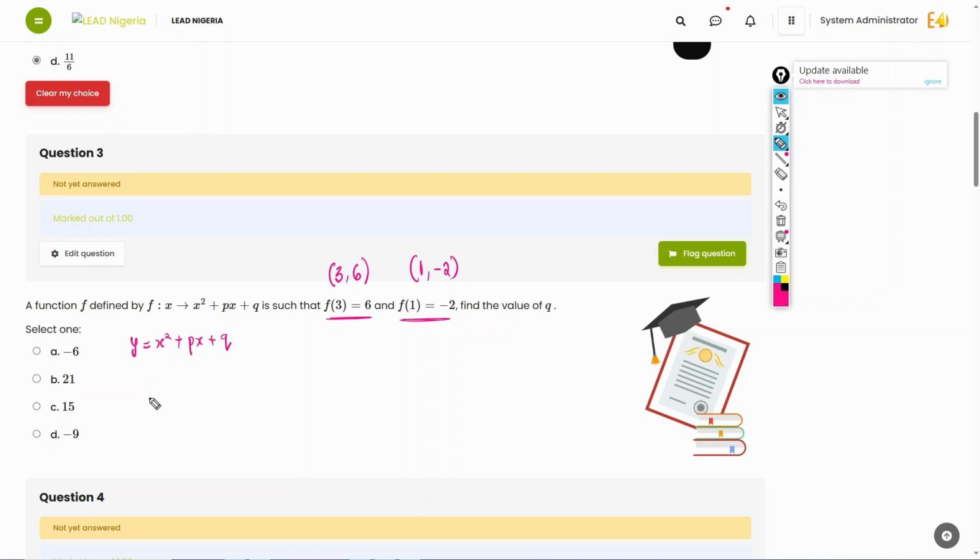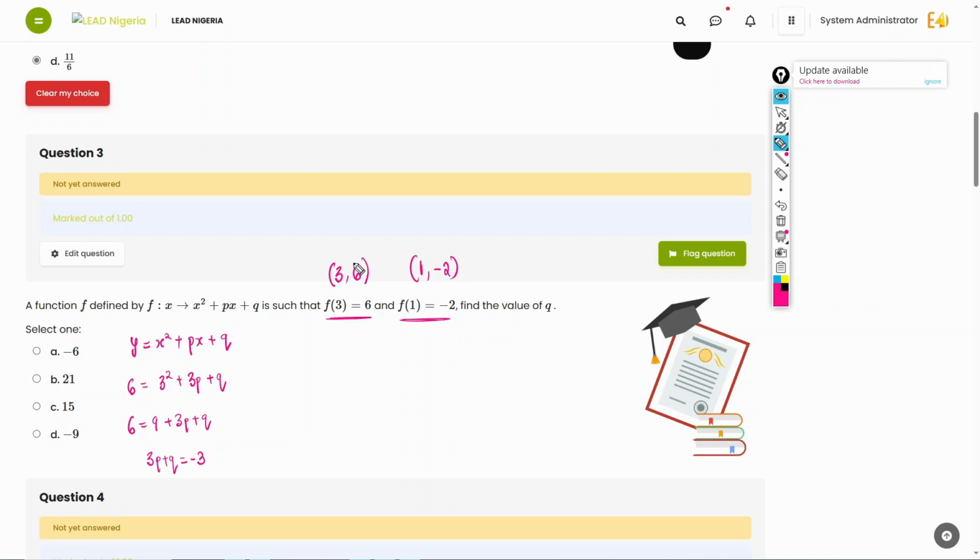So let's plug in. I would have 6 is equal to 3 squared plus 3p plus q. I would have 6 is equal to 9 plus 3p plus q, or 3p plus q is equal to negative 3.